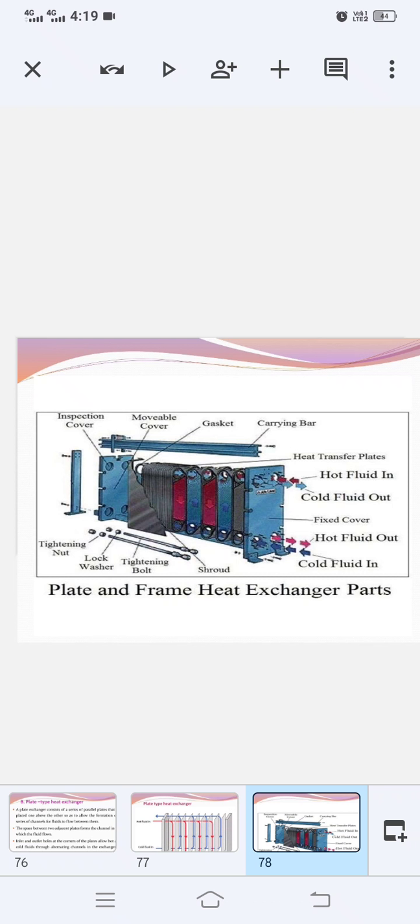The work of the carrying bar is to carry all those plates in one series. Heat transfer plates are also there. You can see them in red color and in blue color. Hot fluid is getting in from one side and from the other side the cold fluid is going out.